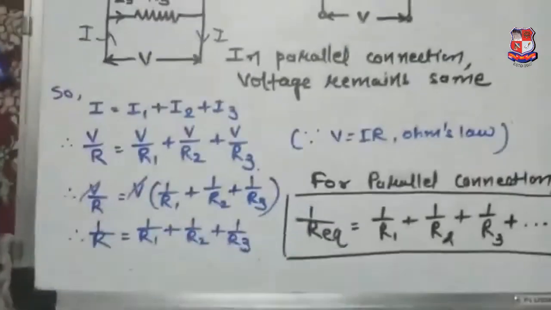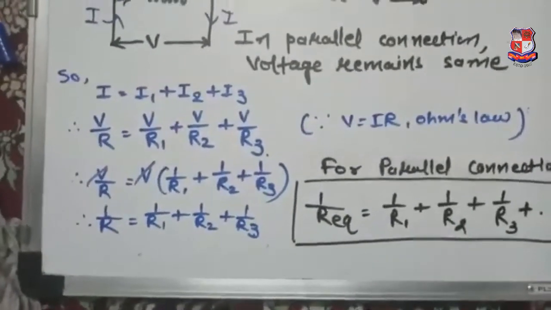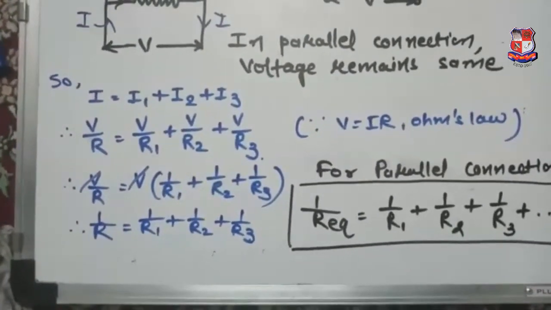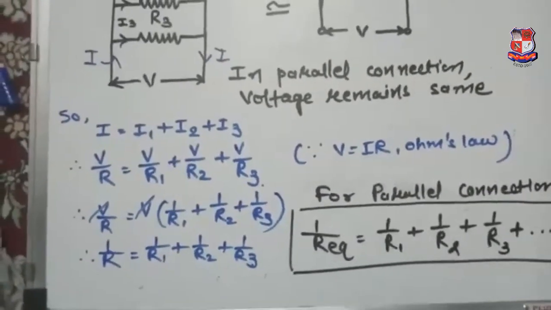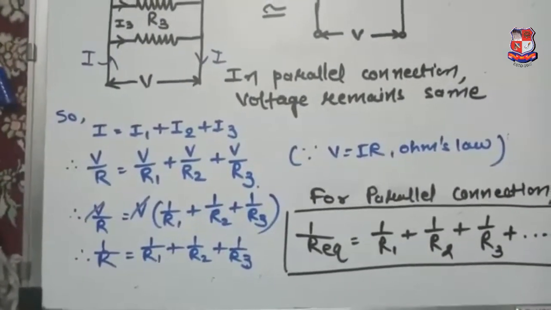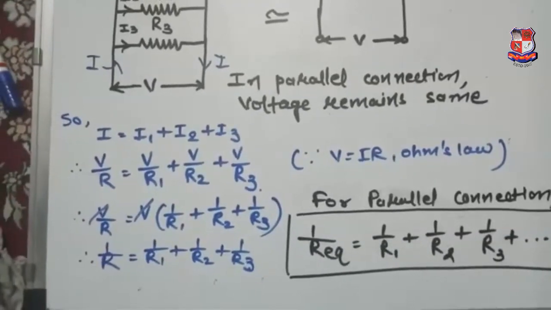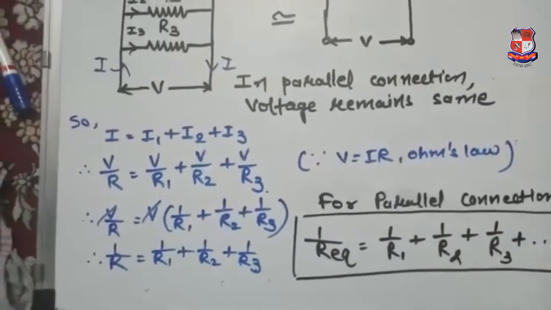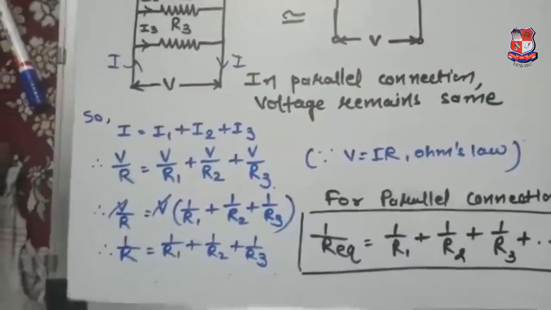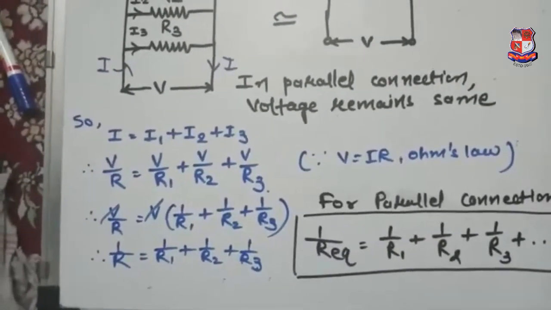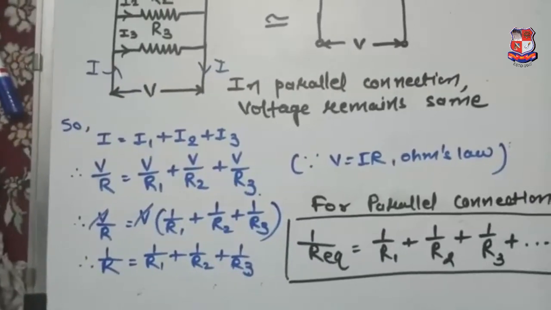So finally you will get 1 upon R equal to 1 upon R1 plus 1 upon R2 plus 1 upon R3. Means what? In a parallel connection, the reciprocal of the equivalent resistance is equal to the algebraic sum of the reciprocals of all the resistances connected in parallel.